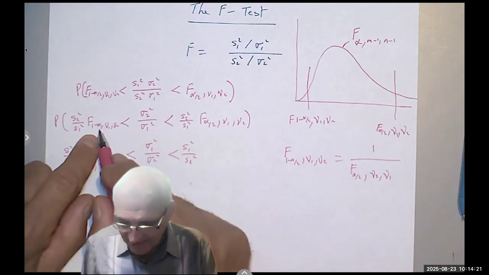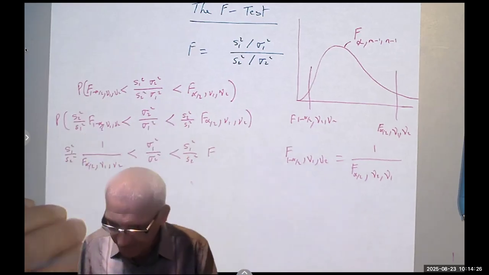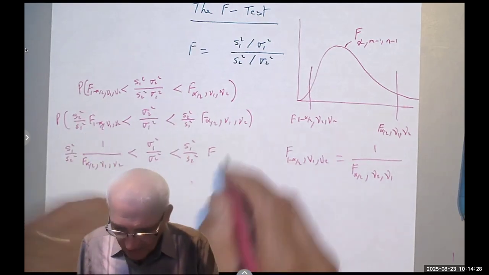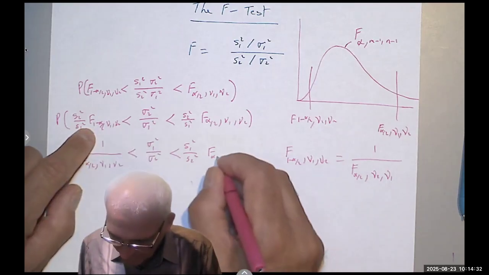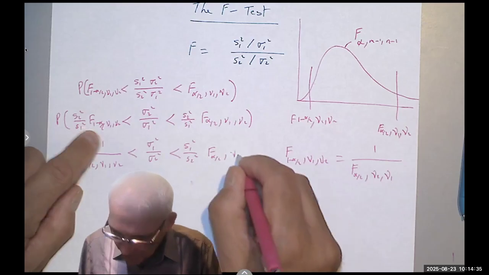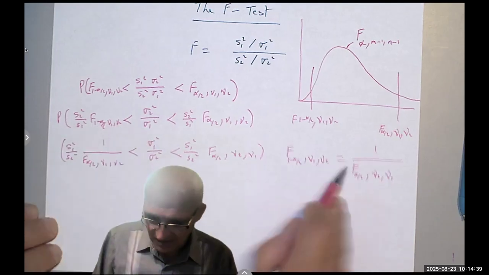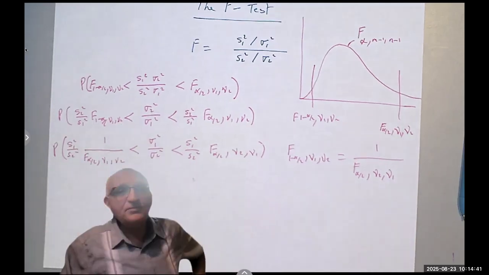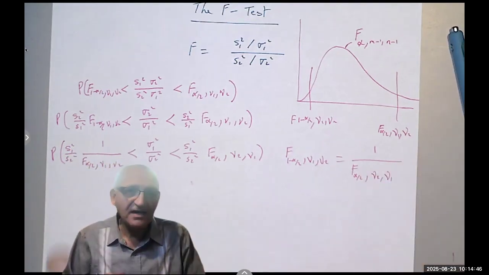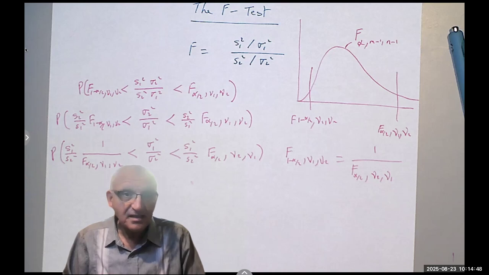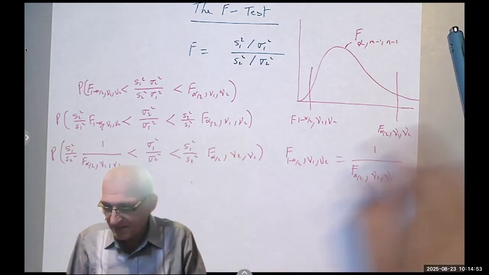But 1 over that, remember, is f of alpha over 2, nu2 and nu1. It's the reciprocal. So I switched using this equation. And that would be the 100 times 1 minus alpha percent confidence interval of sigma 1 square over sigma 2 square.